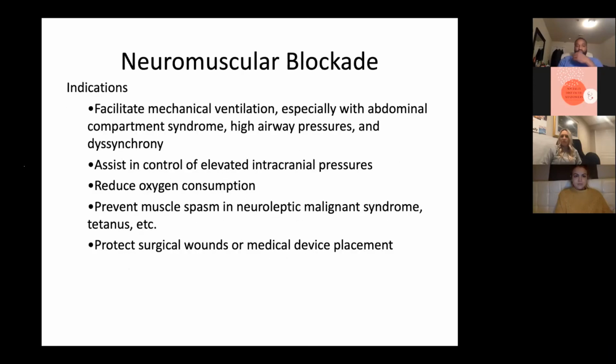So you have neuromuscular blockers as well that you can give a patient to prevent muscle spasm and things like that. And then also to avoid dyssynchrony. So you could give neuromuscular blockade.